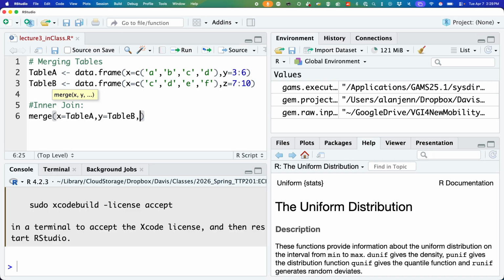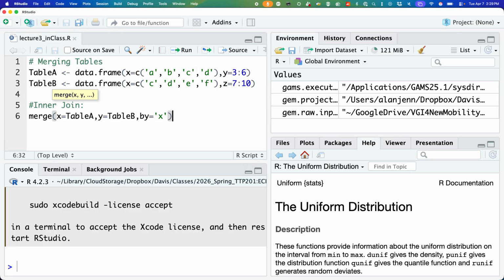This is specifying the two tables that I'm combining, and they are called X and Y in this function. And the column on which we look at where the values overlap is specified by this option called by. So we're using by equals the name of that column.